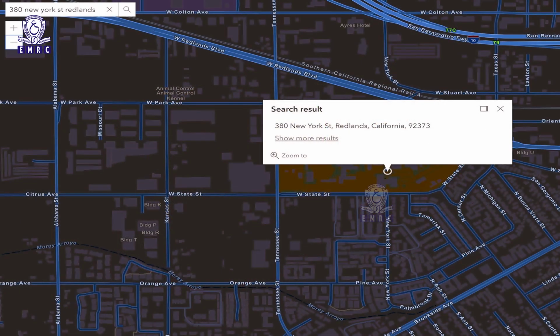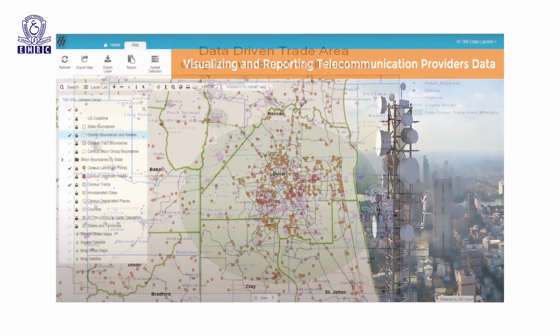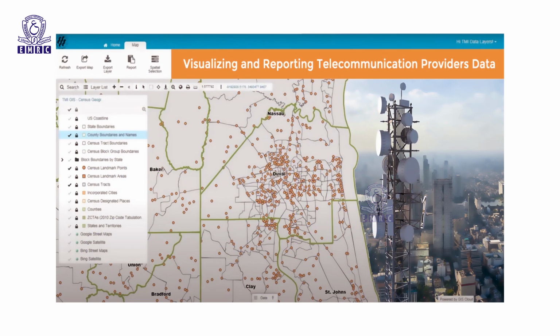Other business applications include site analysis and market area analysis. Telecommunication providers can also use geocoded data to determine appropriate infrastructure placement for expanding the customer base.